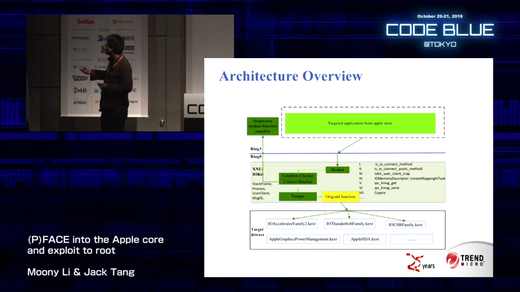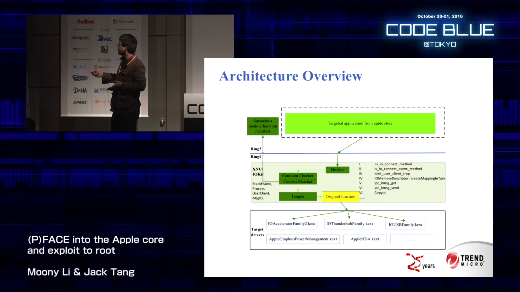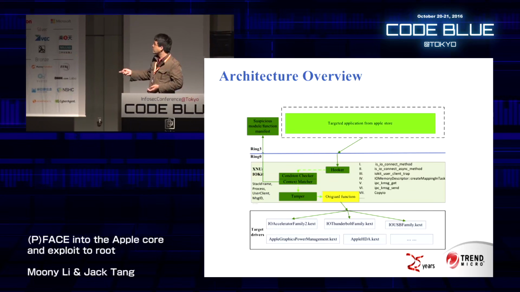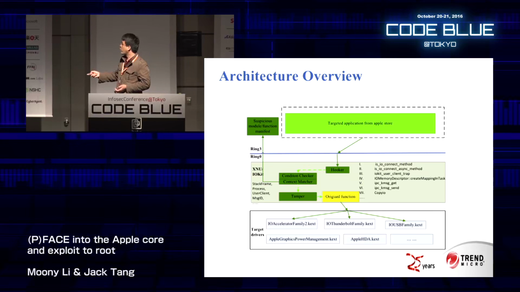Else, the temporal module would fuzz the data from the user mode and transfer it to the original function here. Then the original function would transfer the data to the target devices, for example, the sandbox, USB, HDA, and so forth, if you like. And probably the fuzz data will cause the whole kernel to crash.